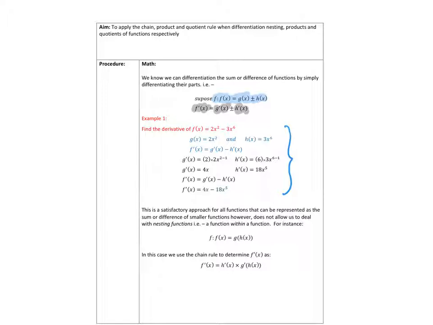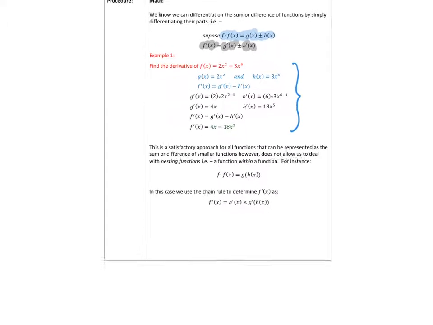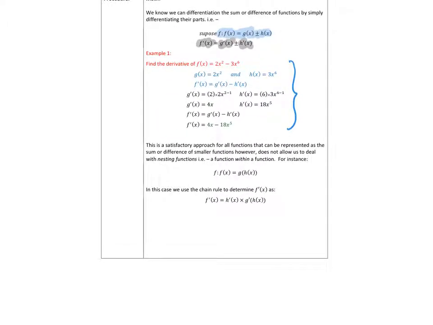Now, the first way in which we've approached this is whenever we've had a look at the chain rule. So in this case, we consider a composite function. Suppose we had f of x, where f of x is equal to g of h of x. And so we may just think of the fact that within this g is an h.